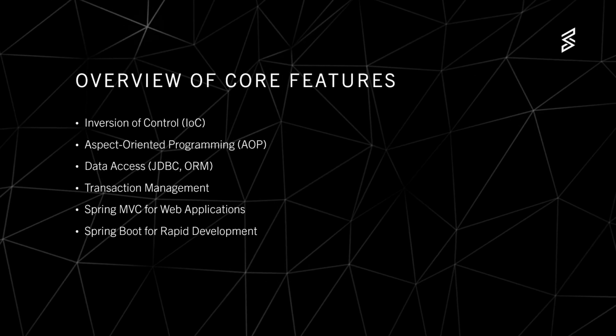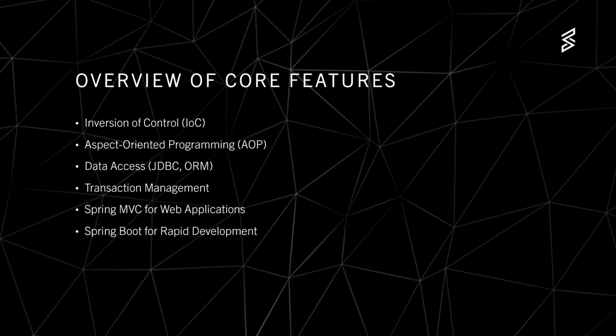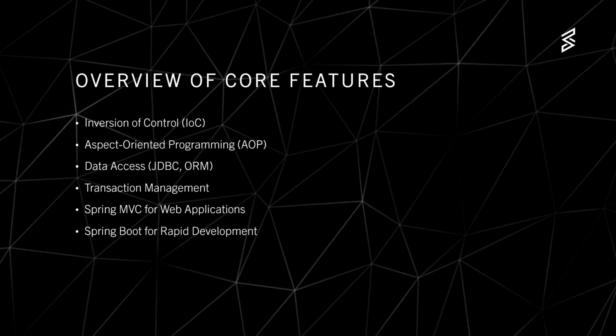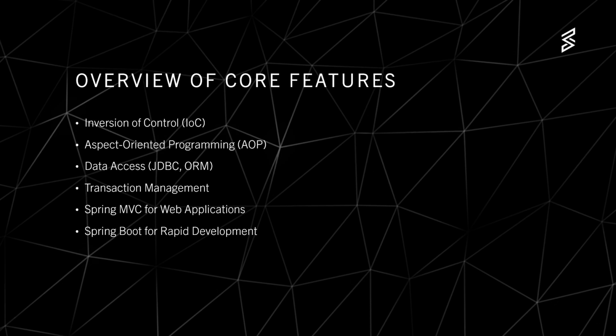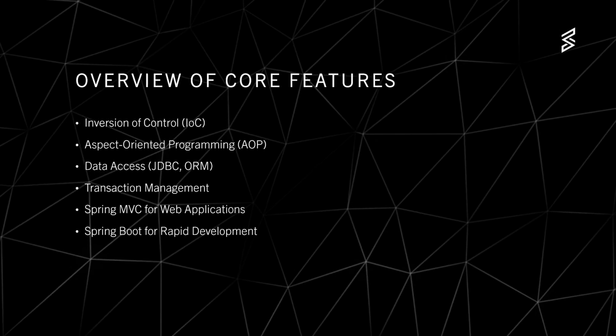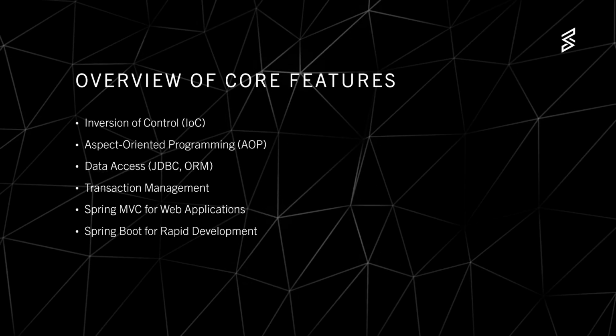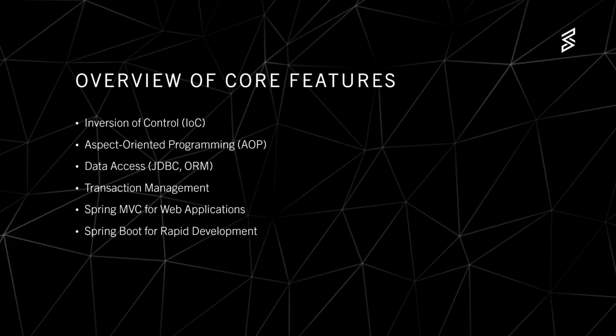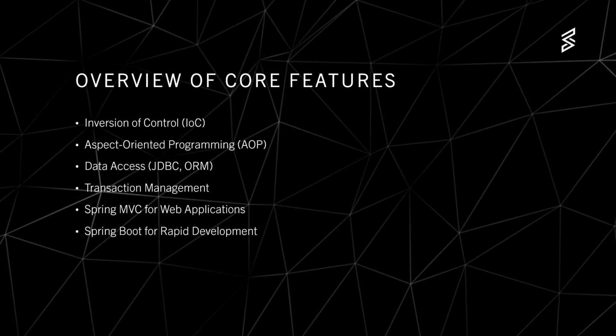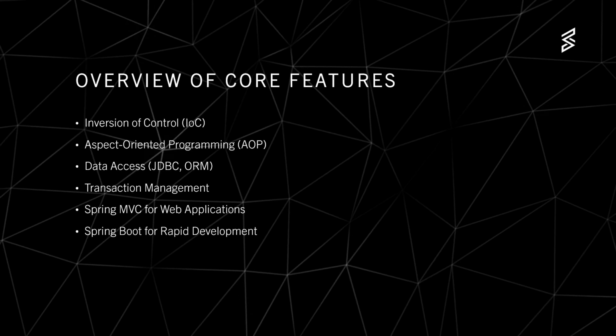Transaction management, to keep your data safe and consistent. Spring MVC, used for building robust web applications and RESTful APIs. And finally, Spring Boot, which helps in rapid development by simplifying configurations. Let's dive into the first one, IOC.